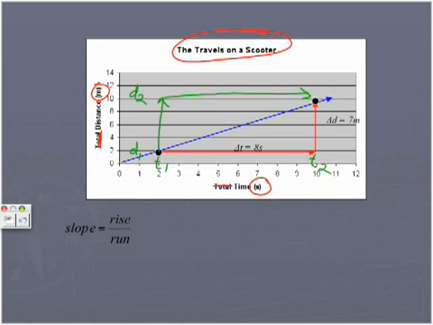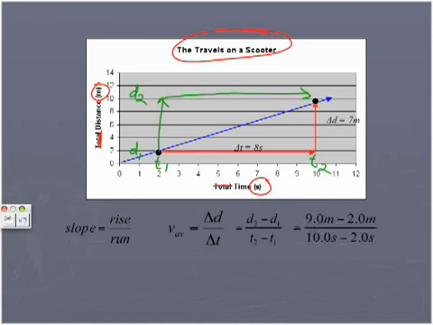So your slope is equal to rise over run, which is equivalent to v average is equal to delta d over delta t. If we take d2 subtracted by d1, we get 9.0 meters subtracted by 2.0 meters. Our time, 10.0 seconds subtracted by 2.0 seconds, will give us 7 meters divided by 8 seconds. So let's write it down as 7.0 meters, because we keep the rule for the decimal places the same. 10.0 minus 2.0 will give us 8.0 seconds.